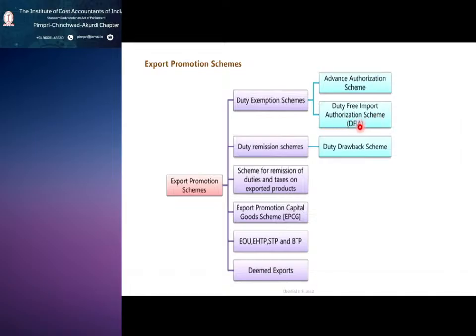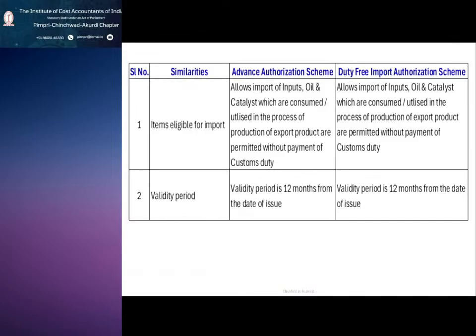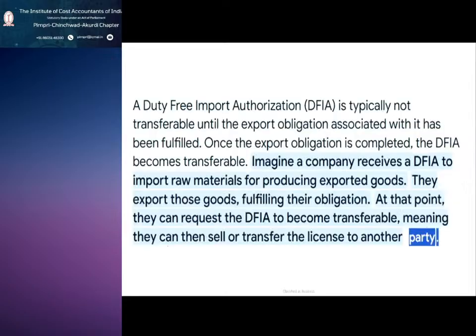Yesterday we have understood, maybe you have learned new terms on the advance authorization scheme. So before we continue, you can have a look at the differences. Now I will take you to the difference between the advance authorization scheme and the duty-free import authorization scheme.